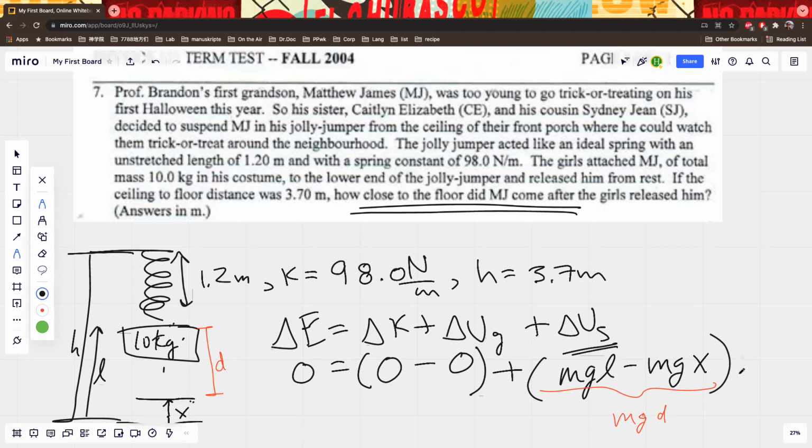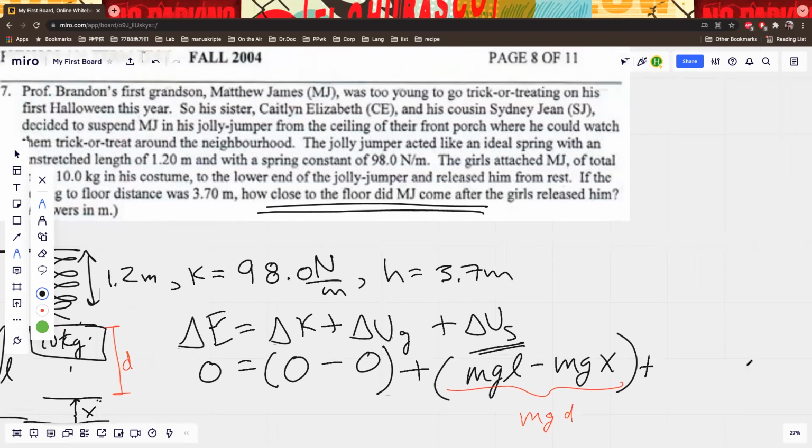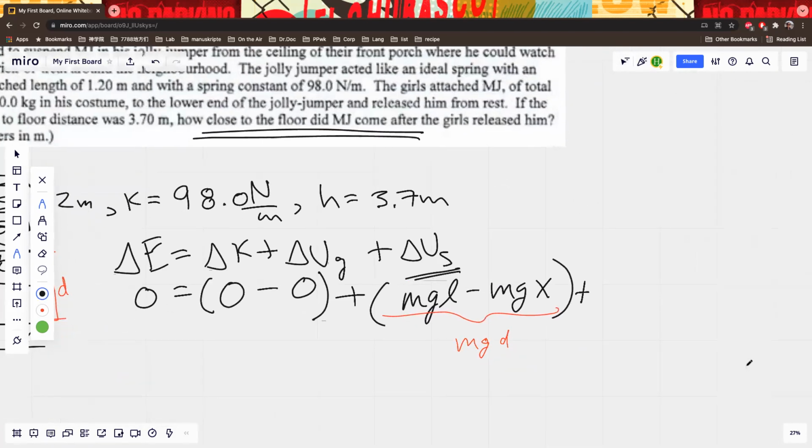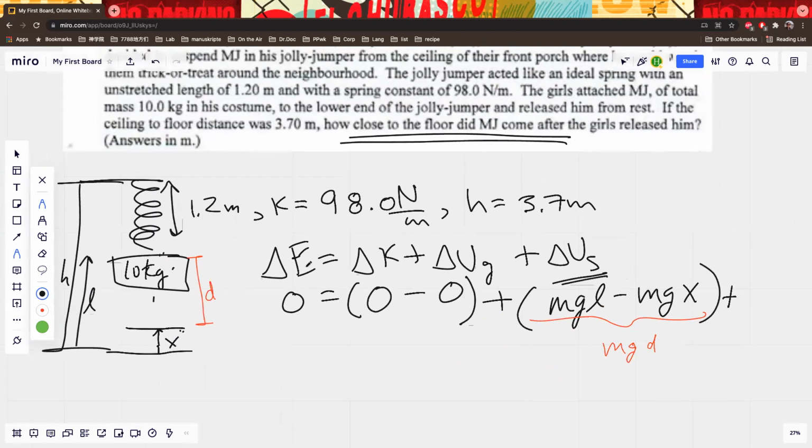So that's gravity, and then we have spring, right? For spring energy, it's half k x squared, right? And x here is the spring displacement. How much is that?